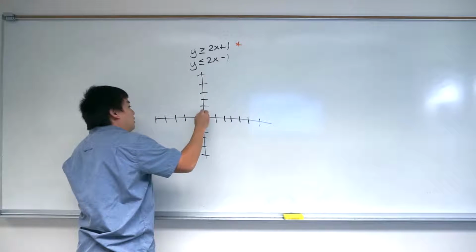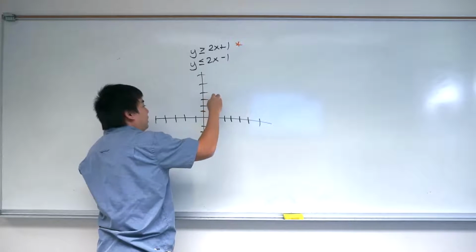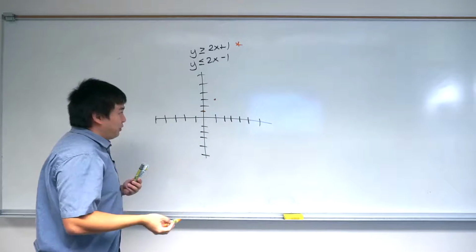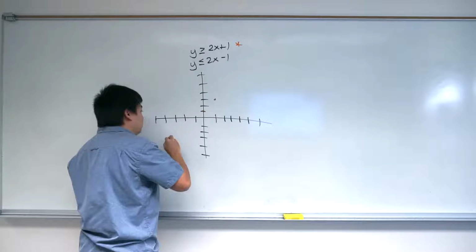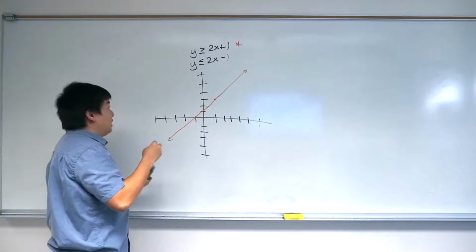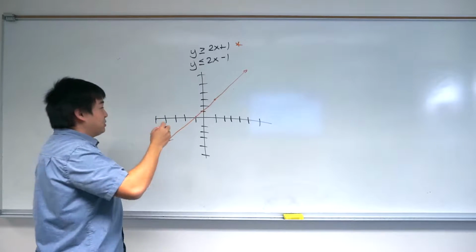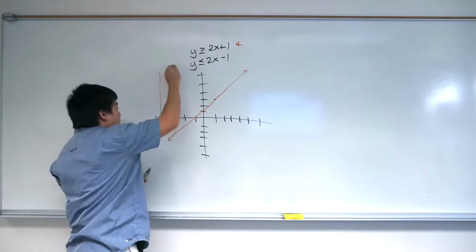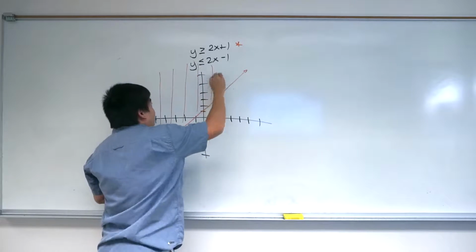So let's do the first one. It starts at 1. Goes up 2, right 1. And again, if you have 2 points, you can already draw the line. So it looks like this, and we want it to be above or equal to. So solid and above.